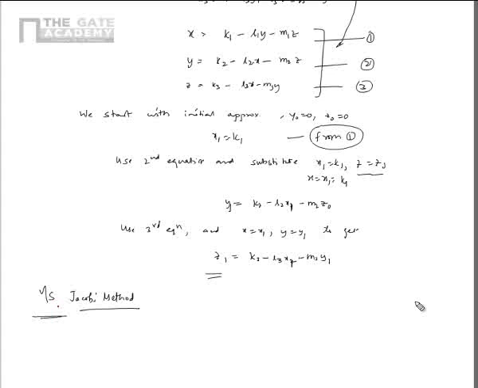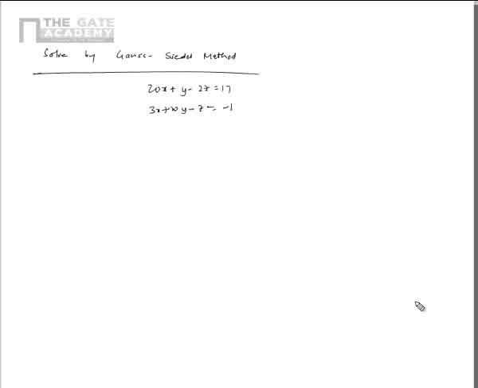Let's solve one problem describing this Gauss-Seidel iteration. Solve by the Gauss-Seidel method, where the equations are 20x plus y minus 2z is equal to 17, 3x plus 20y minus z is equal to minus 18, and 2x minus 3y plus 20z is equal to 25.